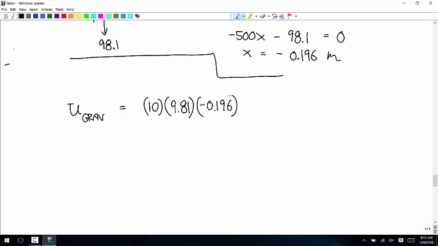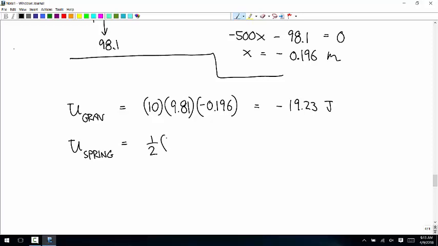And can someone calculate that? Negative 19.24 joules. That's pretty close, 19.62.